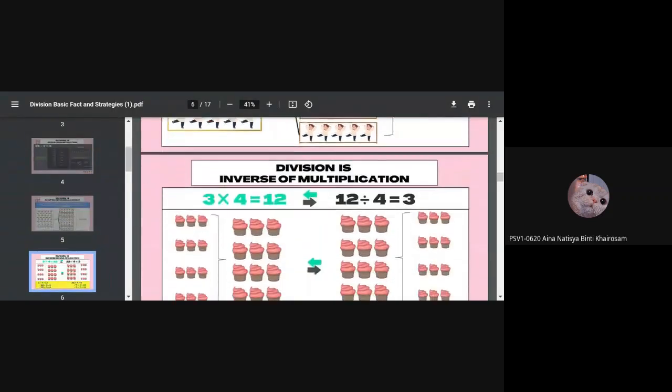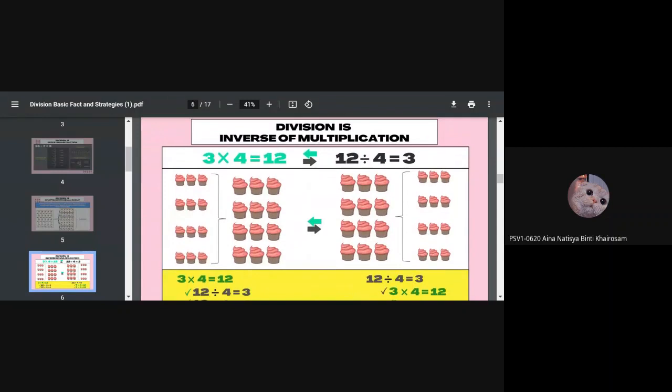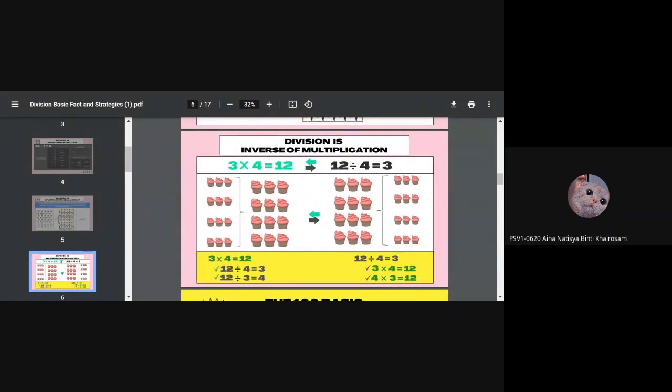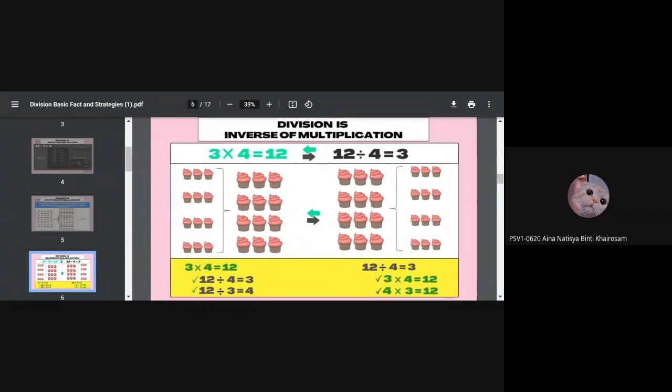Okay, last, division is the inverse of multiplication. It means, for example, 3 times 4 equals 12. It is the same as 12 divided by 4, we get 3. It's like, for example, the cupcakes.